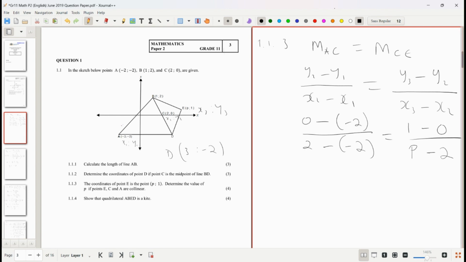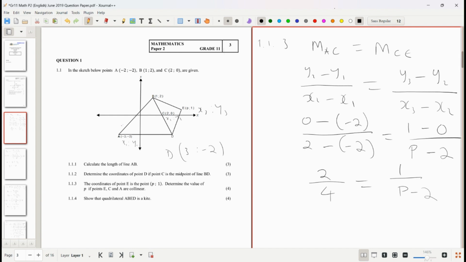Okay. So we just need to simplify everything. 0 minus minus 2, we have 2. And then 2 minus minus 2, we have what? We have 4, because it's 2 plus 2, which is 4. So we'll have 1 minus 0, we know is 1, and then p minus 2, right?